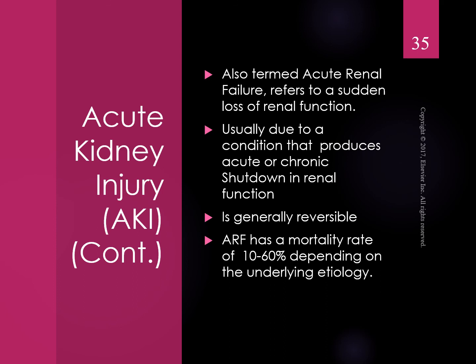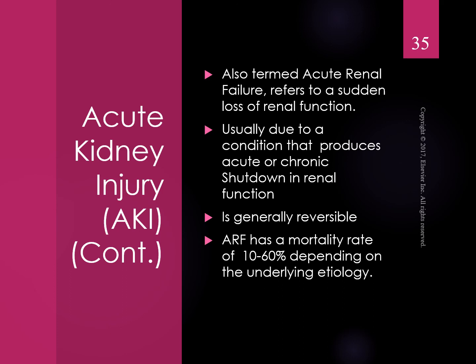Acute kidney injury, or what we should say is termed acute renal failure, refers to a sudden loss of renal function. It's usually due to a condition that produces acute or chronic shutdown in renal function. This is when the kidney fails, less waste is removed, and more waste remains in the blood.